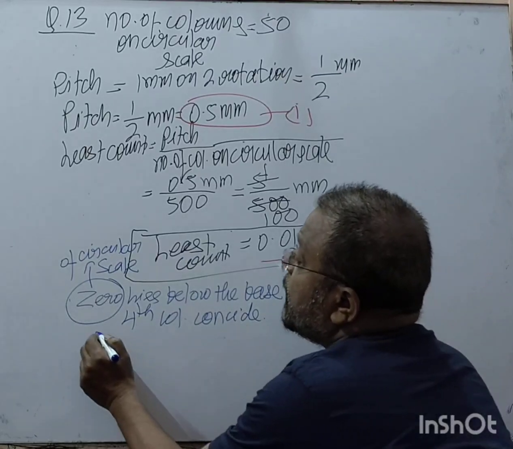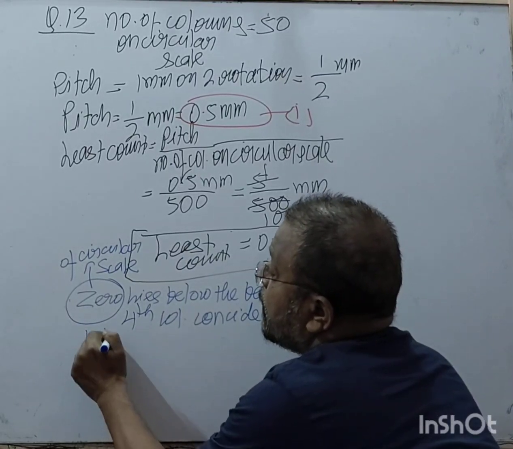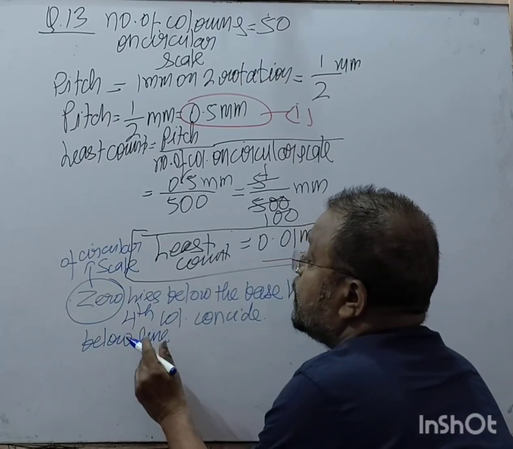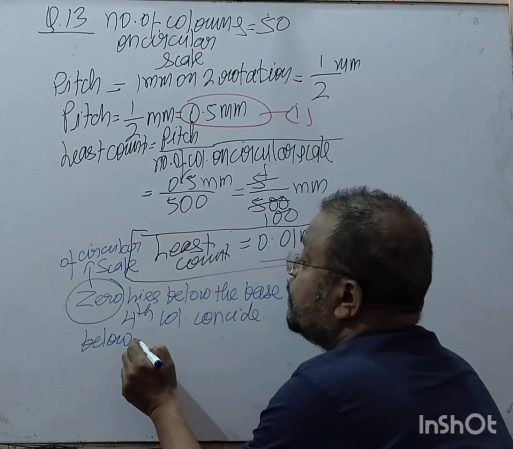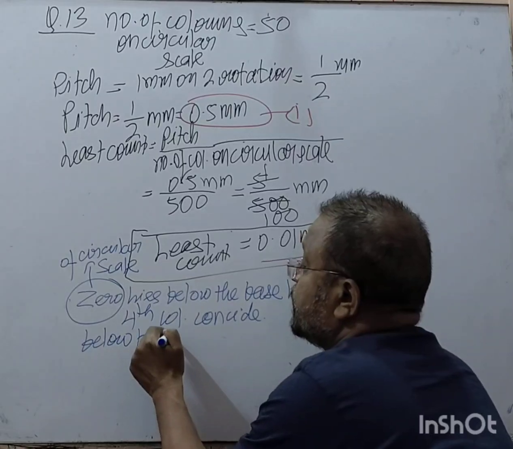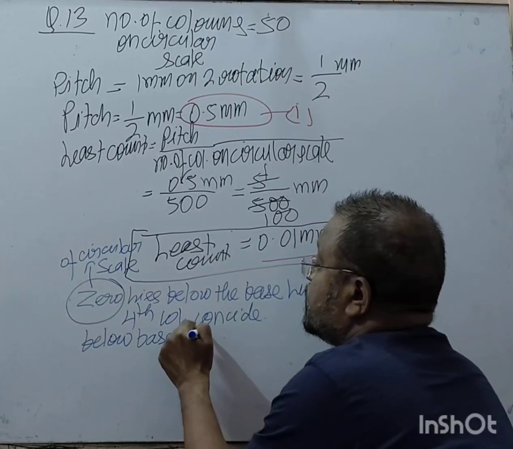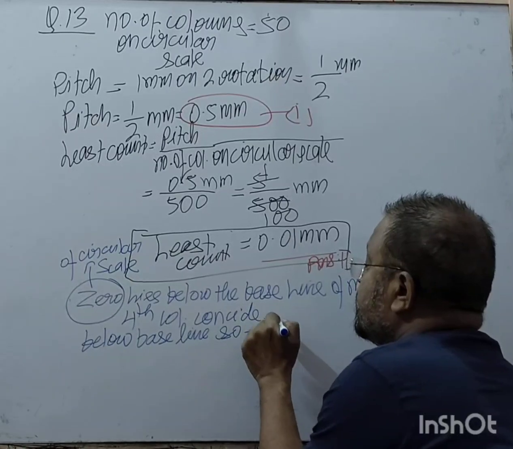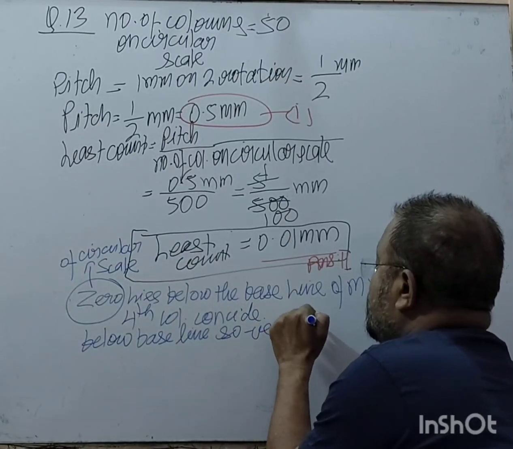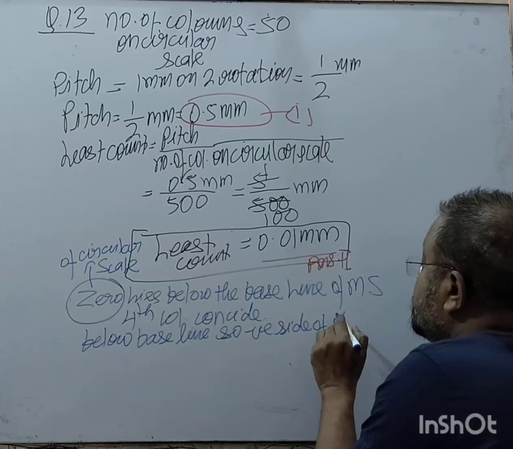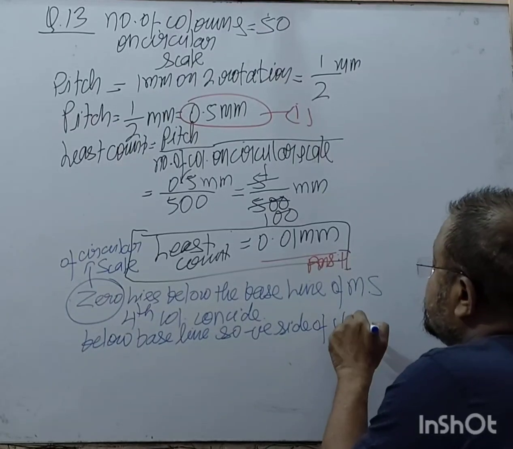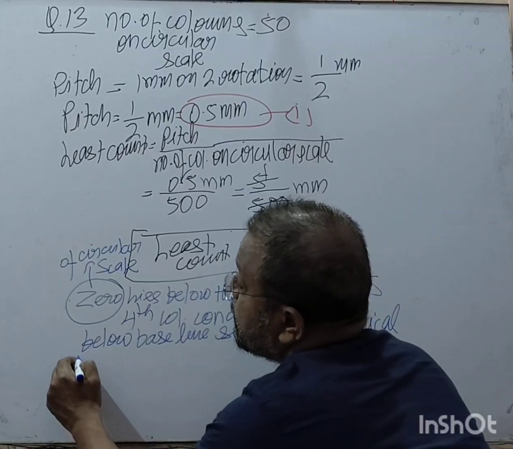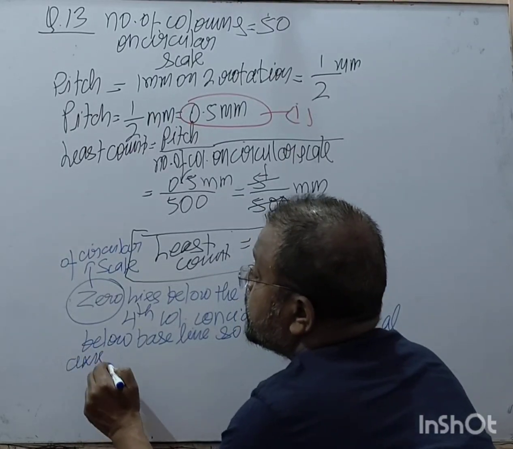So below the baseline, so negative side of the vertical axis.